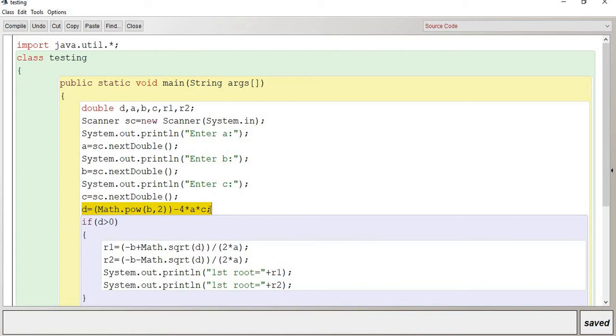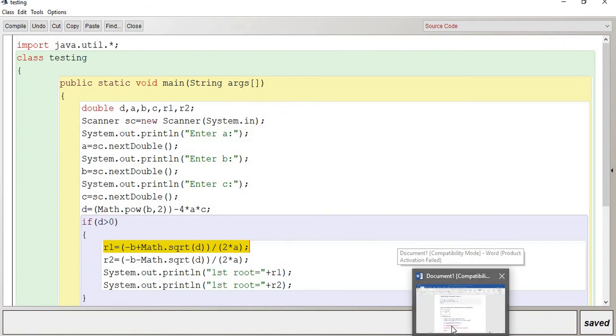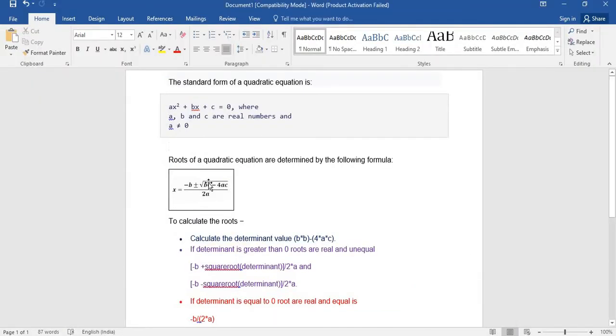Now the condition comes. If d is greater than 0, that means we'll get the first root and we'll get the second root. How to calculate this is the main challenging thing. So r1 is equal to minus b plus Math.sqrt, because for root we use the Math.sqrt function in Java.